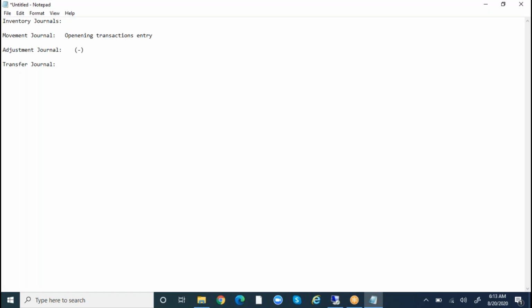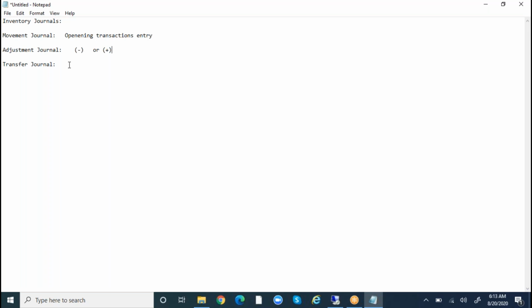This is the adjustment journal. The purpose of this adjustment journal is, if you want to decrease or increase the stock quantity due to any reasons, then we will use the adjustment journal.